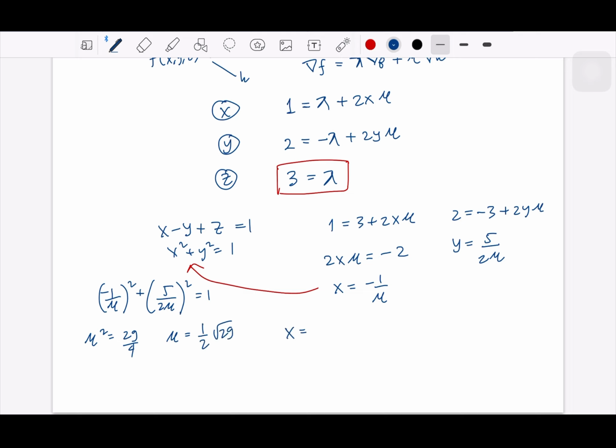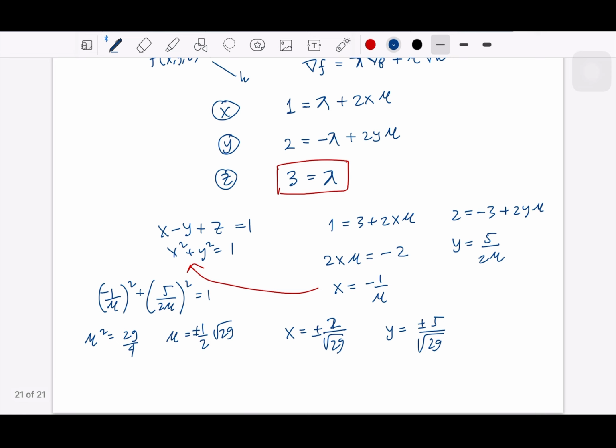Now x will be plus or minus 2 over square root of 29, and y also is plus or minus 5 divided by square root of 29.